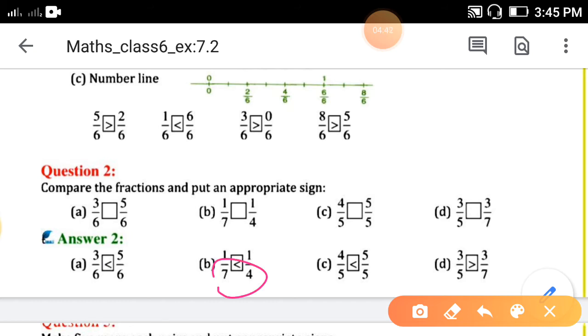What we were doing when denominator is same, 3 is smaller than 5, so you put the less than sign, but here you have to use inverse. 7 is greater than 4, but you have to put the less than sign. And here 5 is smaller than 7, but you have to use the greater than sign. That is the way you have to do.